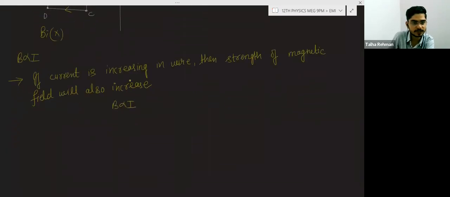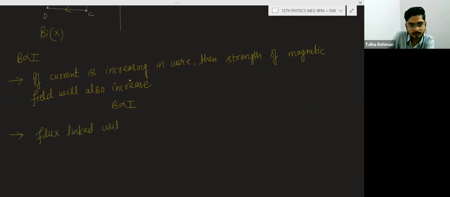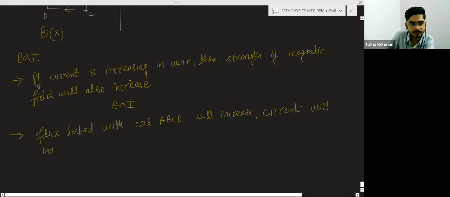So next point, you can say flux linked with the coil will increase. So current will be induced in the coil.